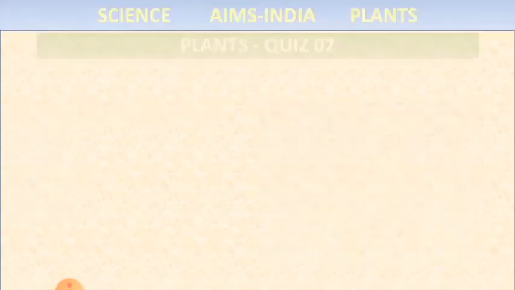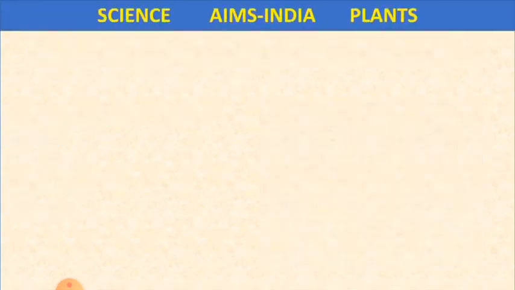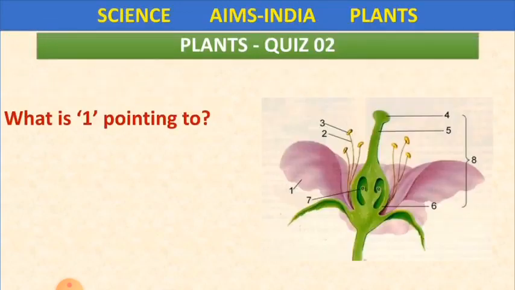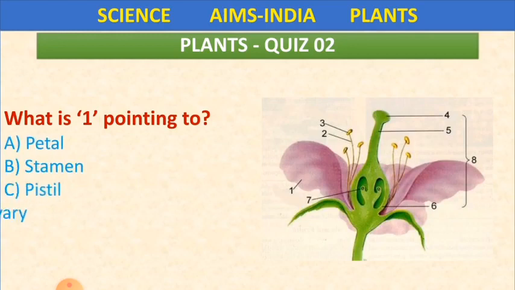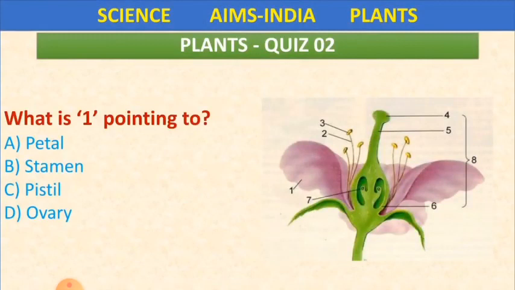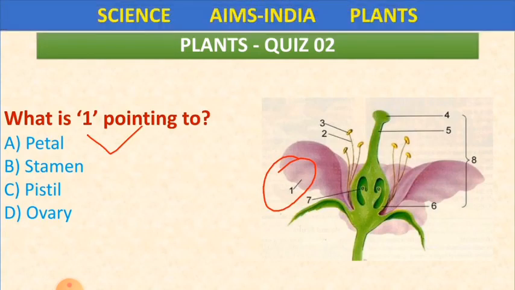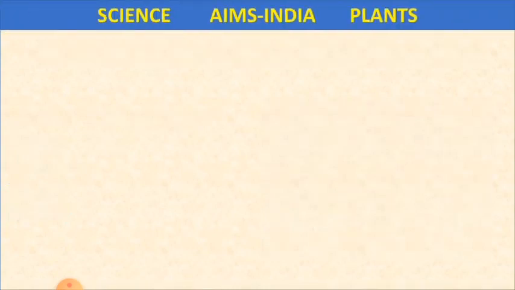Okay, we'll go to the second question. Understood, children? Yes. What is 1 pointing to, children? It's a very easy answer for you. Yes, this is petal. This part. It is petal. Okay. The third question.